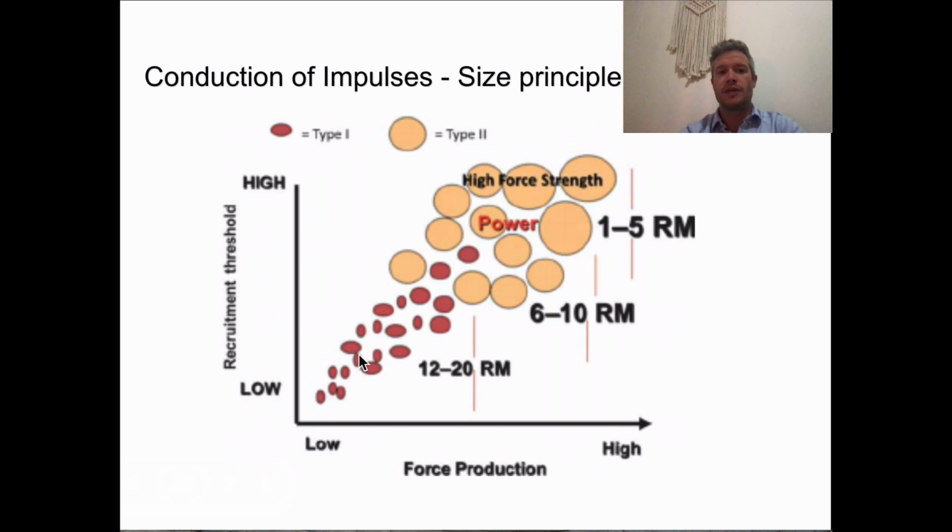We will skip the queue, so to speak, and immediately recruit these high threshold, high force production motor units. Okay. All right. And that was motor units and conduction of impulses.